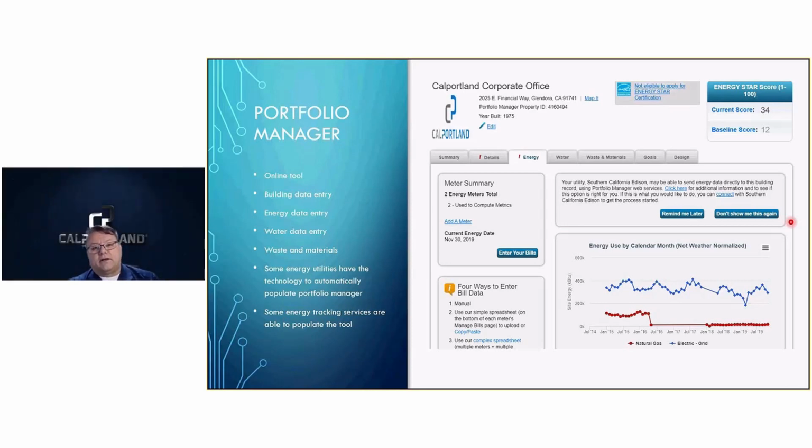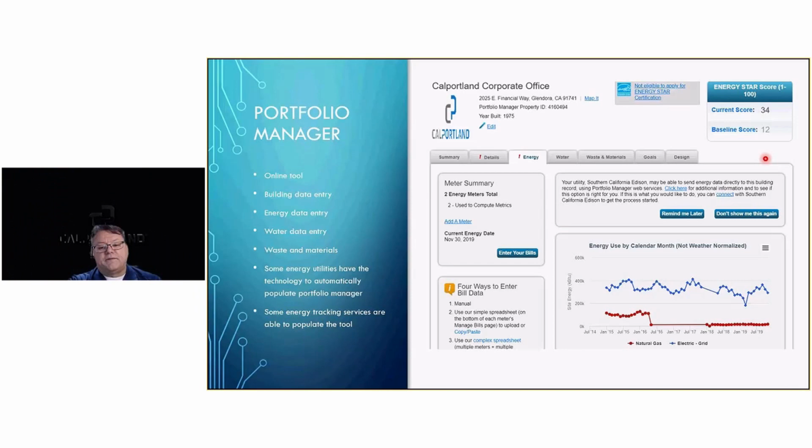You have to create basically an account for them, then enter the energy data into the process, and then it gives you a score. It's a little bit shameful for us, an Energy Star company, that our score is a 34 out of 100 at Glendora, but it is what it is. It's an older building with some poor energy aspects to it.